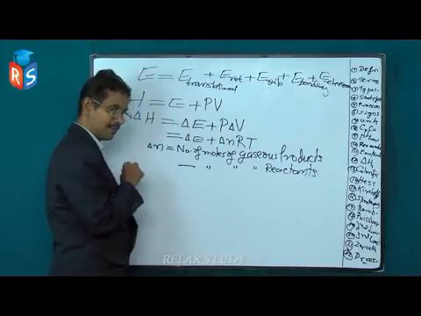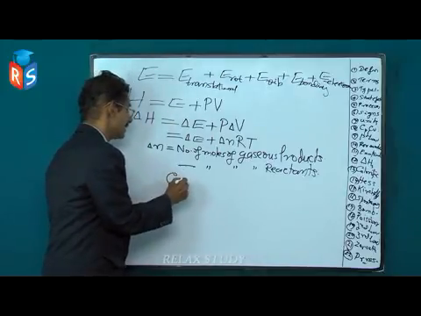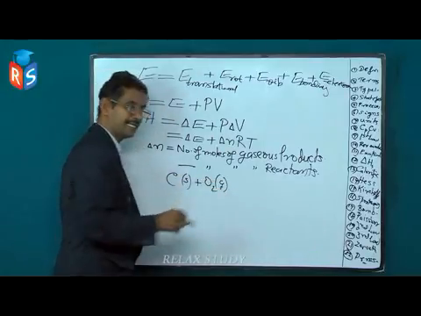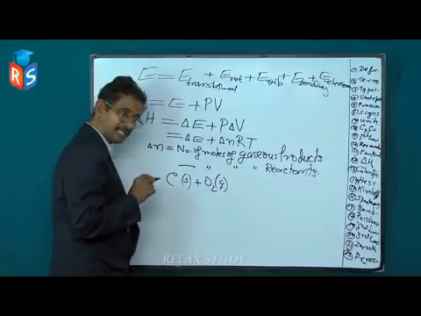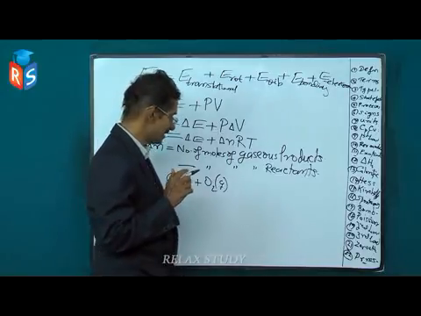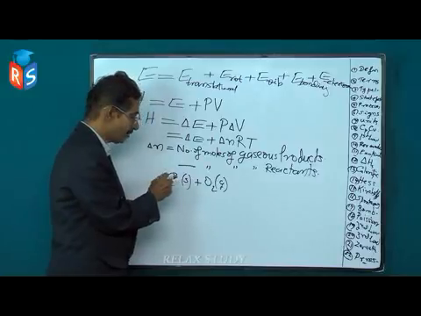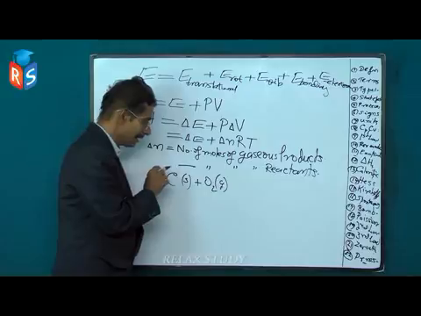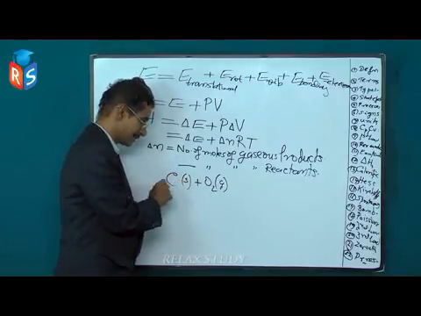Let me clarify with an example. If you think about, say, a simple reaction, C solid plus O2 gas, when you write any thermochemical equation, that is an equation which indicates also the energy change involved in the reaction. You indicate the physical state of the substances involved in the reaction, solid, liquid or gas, within brackets.